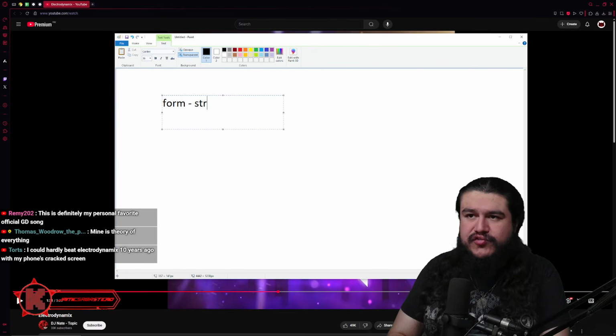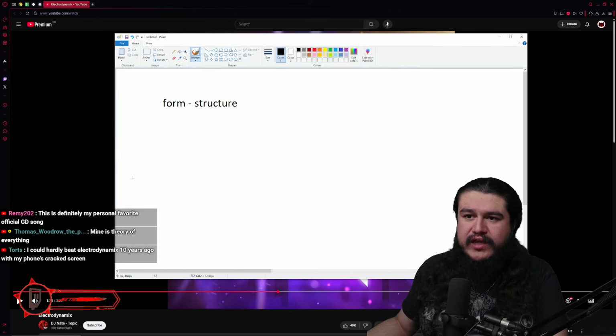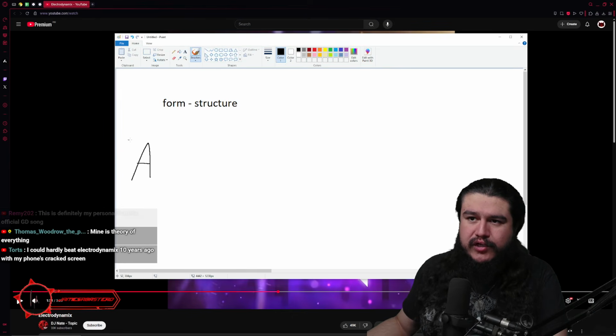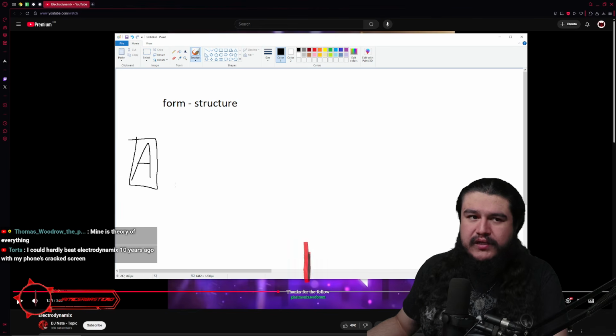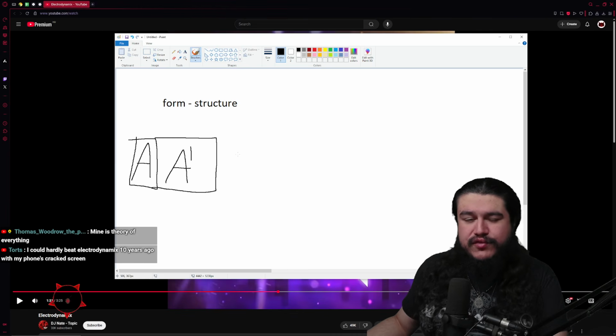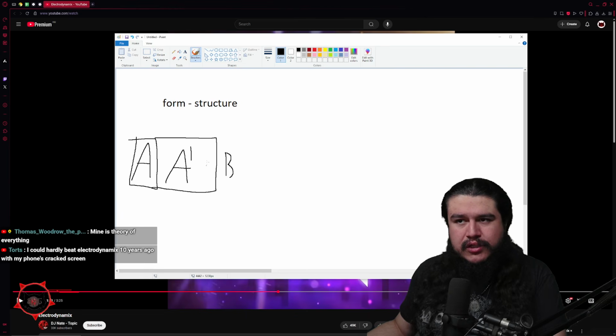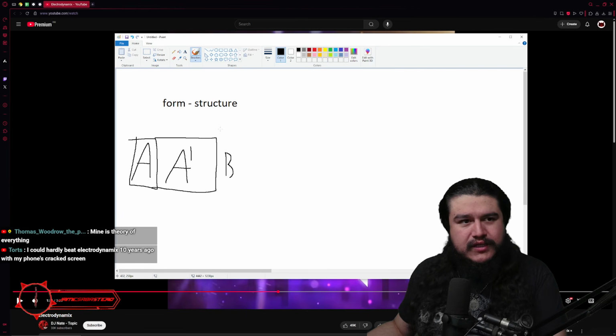Form is just the structure of your music. We had section A, which was the start of the whole thing. Then we repeated section A in what is called A prime, because we had some variations there. And now this could be section B, a contrasting section, somewhat different. Let's see where this goes.